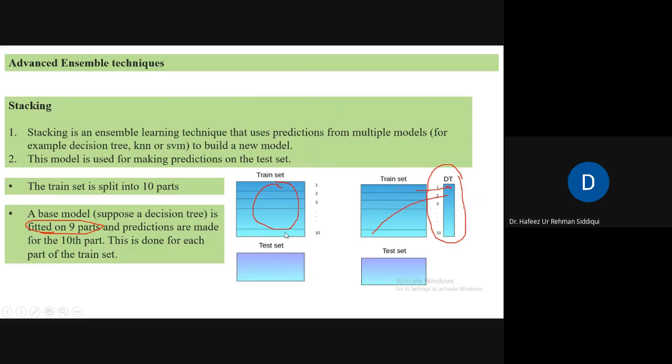Like here I have 10 subsets. So out of 10, train your model on 9 and validate it on the 10th part, and do the same for each part of the training set for the specific classifier.